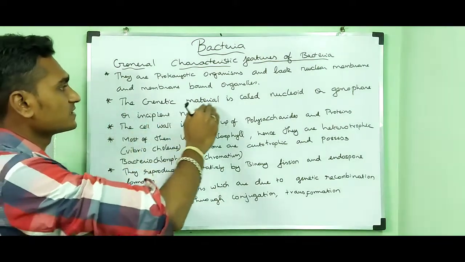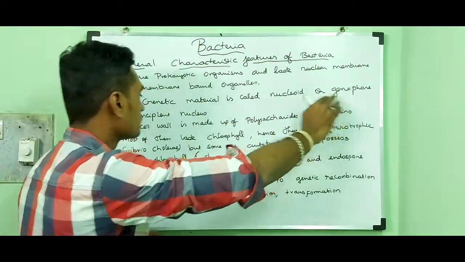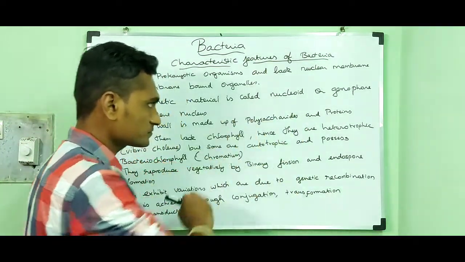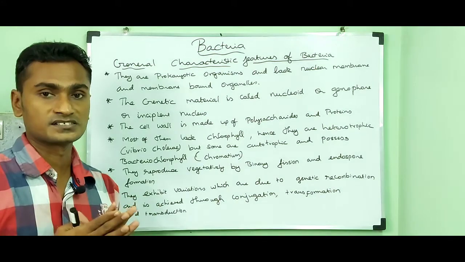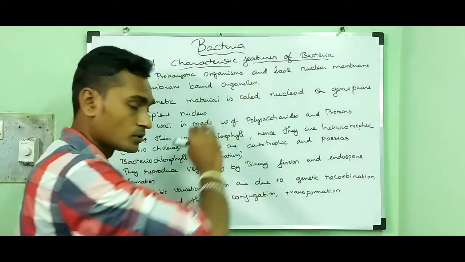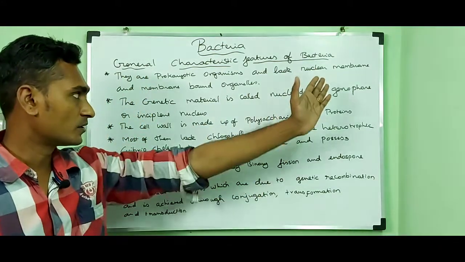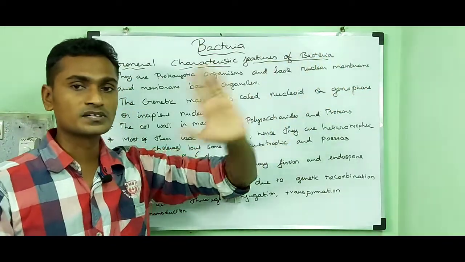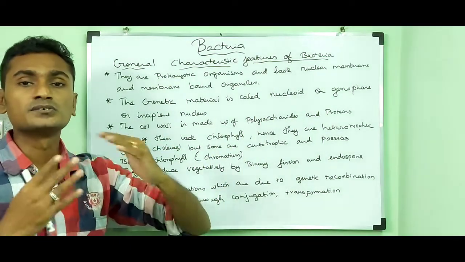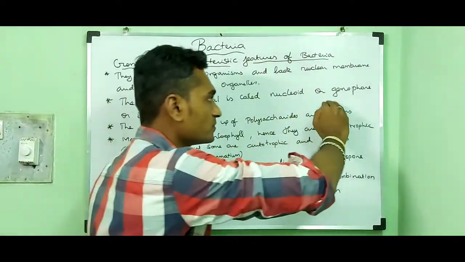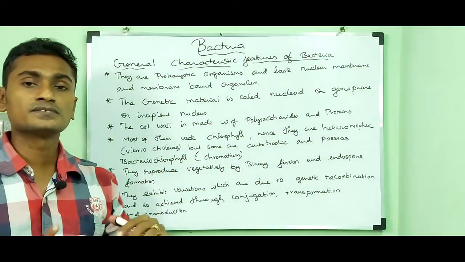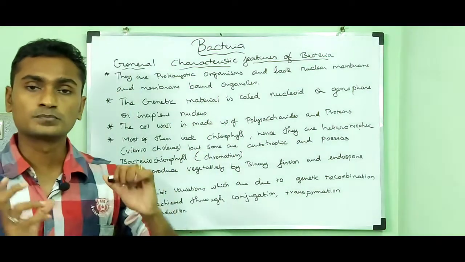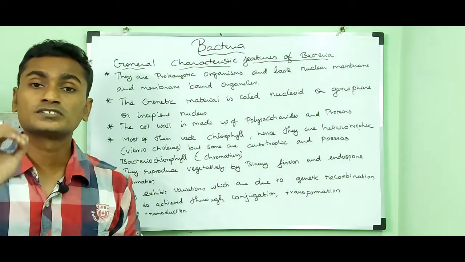Then the genetic material is called nucleoid, genophore or incipient nucleus. Nucleoid means it is a nucleus-like structure. It is a chromosome which does not possess a nuclear membrane. Genophore refers to the prokaryotic chromosome which contains nucleic acid.